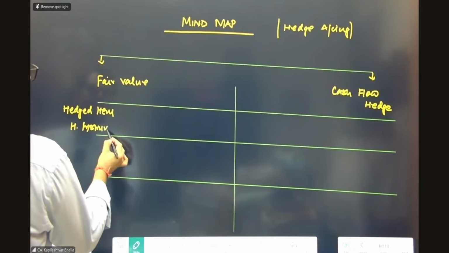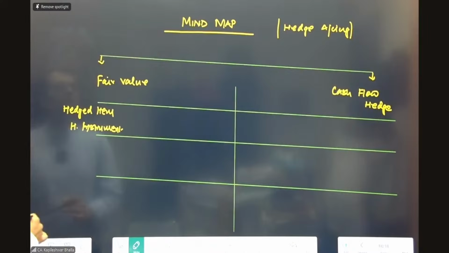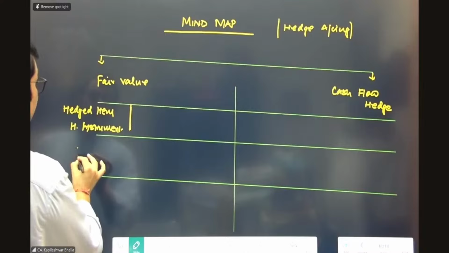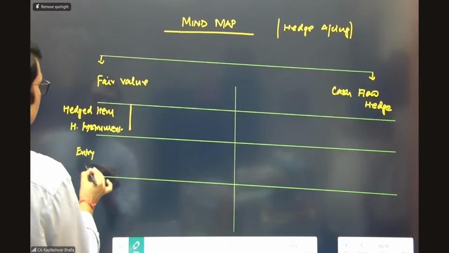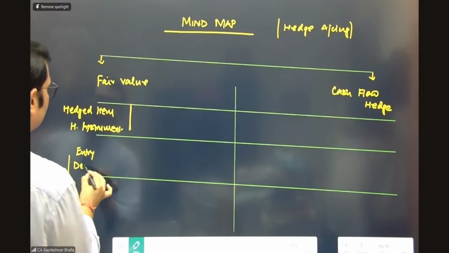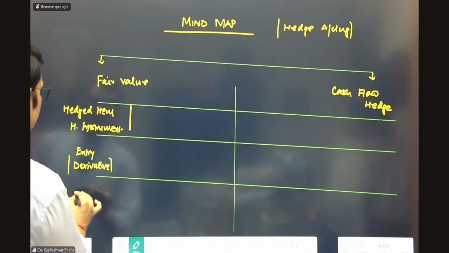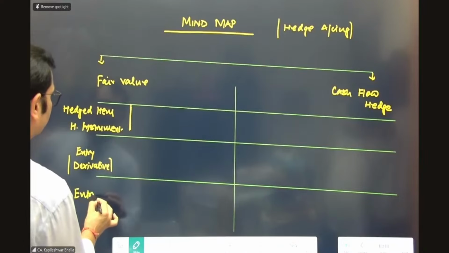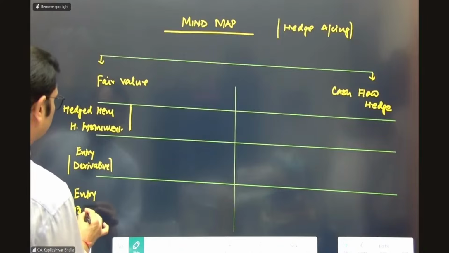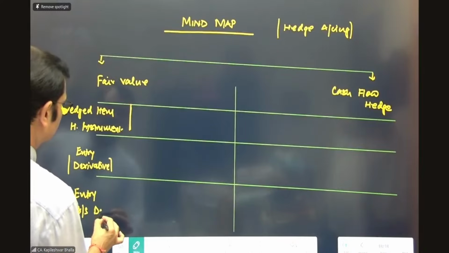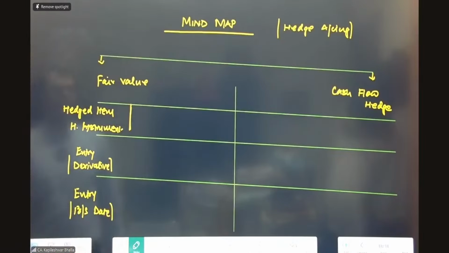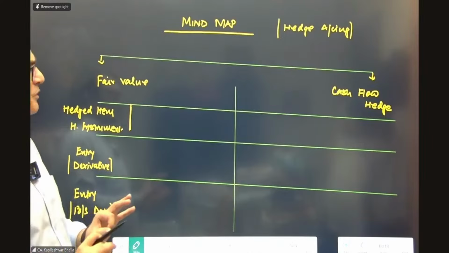These are the two focus points, whether they are captured at what value. Then I'm looking at the entry when you enter into a derivative contract. And I'm looking at entries on the balance sheet date. I'm not looking at the settlement date. So this is a basic picture which is coming to the mind.